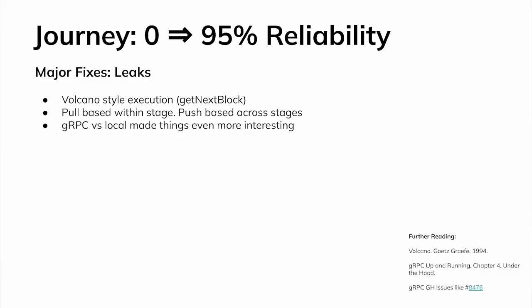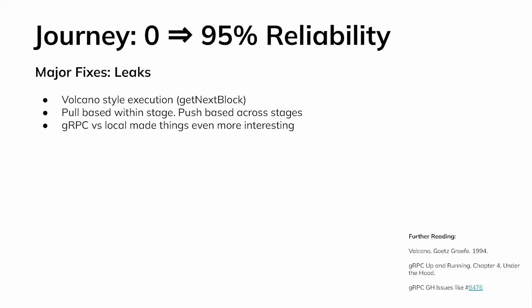at a high level, what was going on is we have a kind of Volcano style execution. So each operator is calling get next block within a stage. But across stages, there is a push based mechanism. So for example, let's say you have a simple join query which has 2 child stages. The leaf stages will start running immediately once you submit the query.